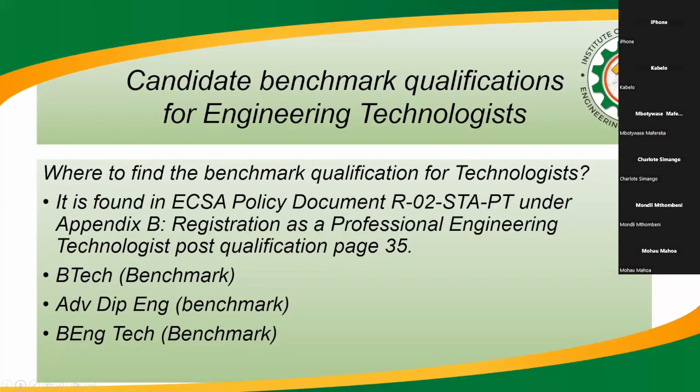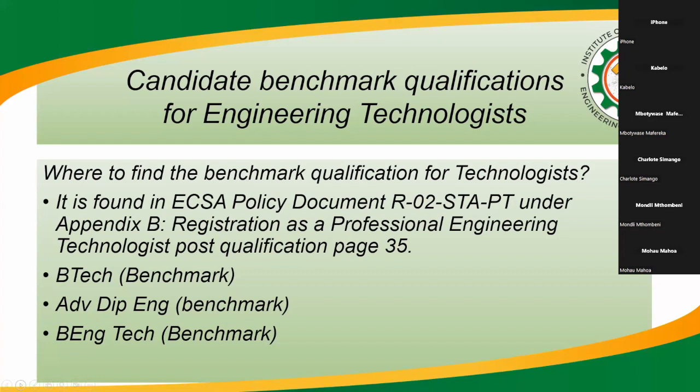Now, engineering technologist, it's also the ECSA policy document R02 STA under the PT, and that you also find in Appendix B, and that is your post-technologist, post-qualifications, page 35. So it is your BTech, your advanced diploma in engineering, and the BEng Tech benchmark.